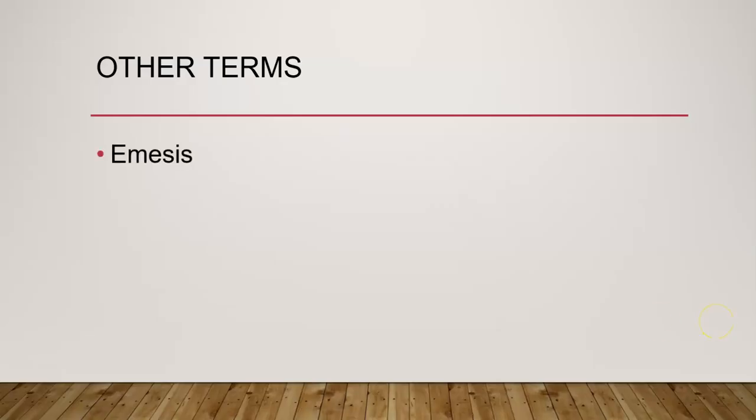The first one is emesis. Emesis is a term for vomiting. So when someone is throwing up, we call it emesis. Sometimes they may have what we call coffee ground emesis. It looks like they're throwing up coffee grounds.